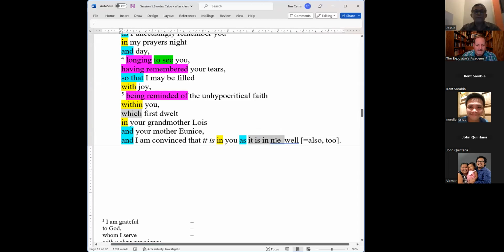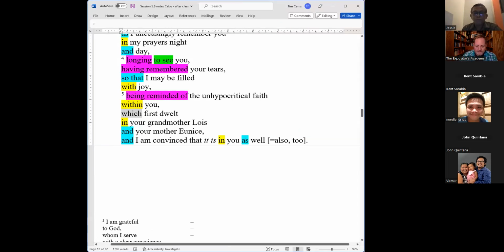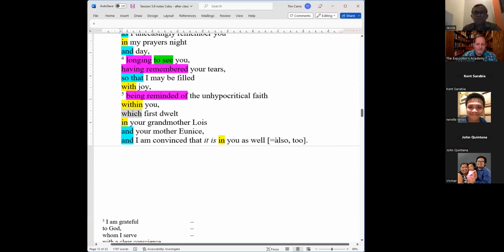It's followed by a clause, and it's telling us how it is in you: in the same way, or as it is in me. But in this case, it's not followed by a clause. It's just followed by the adjective "well," which is sort of an idiom really for the word "also."